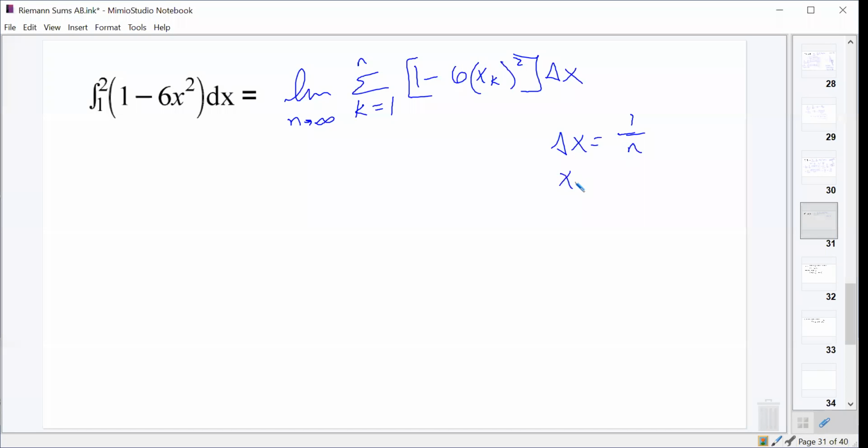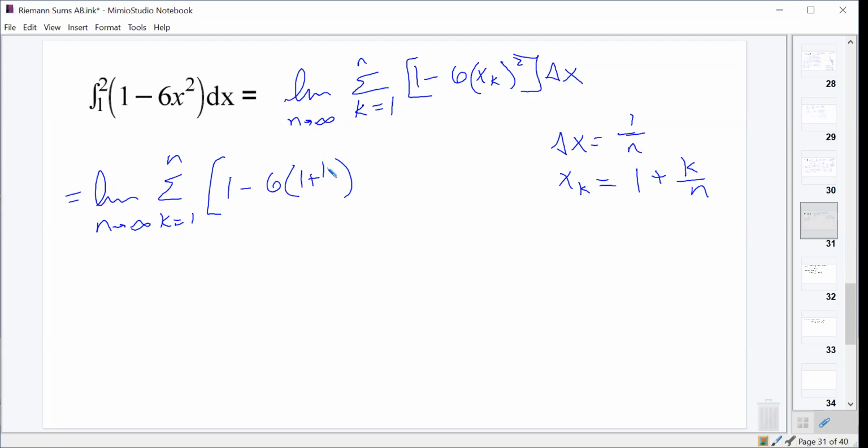And with x sub k equal to what? 1 plus k over n. Good. So this should then become the limit as n approaches infinity of the sum from k equals 1 to n of 1 minus 6 times 1 plus k over n squared times 1 over n. Everybody good with it to that point?